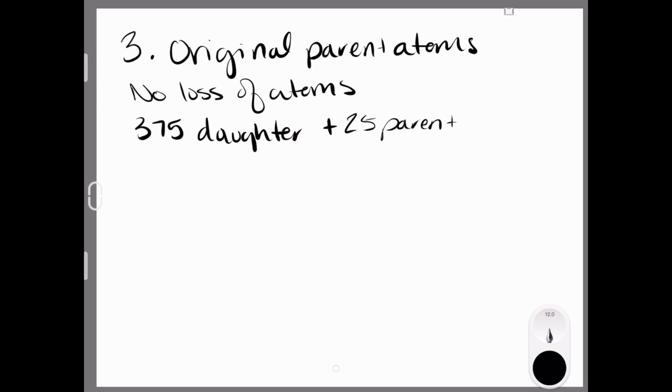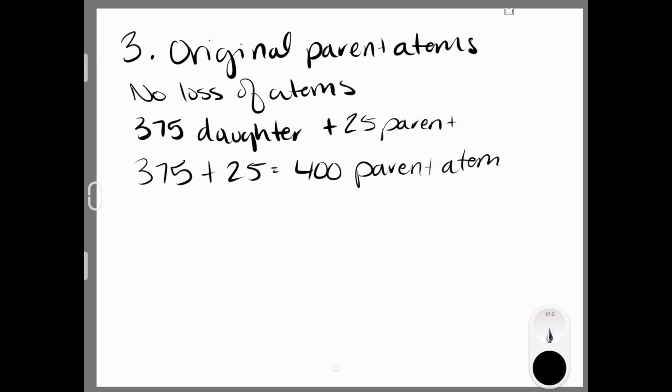Okay, so we're going to take our 375 and add that to our 25. So 375 plus 25, that gives us 400 parent atoms. Okay, so those are our original atoms in the sample.